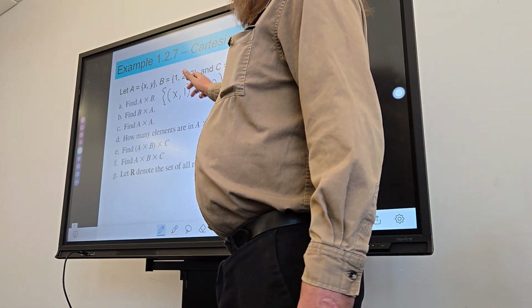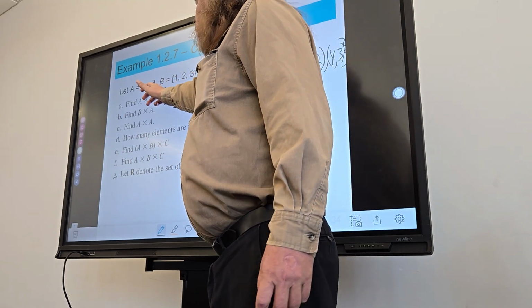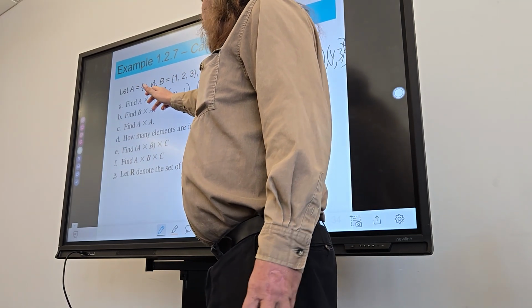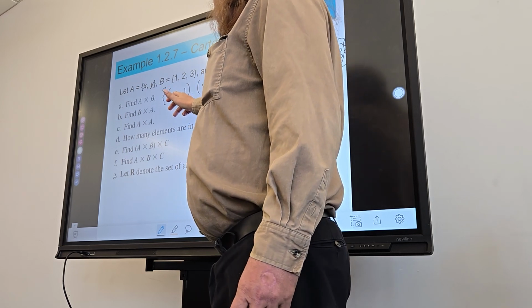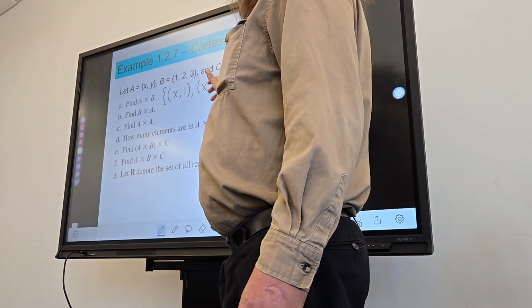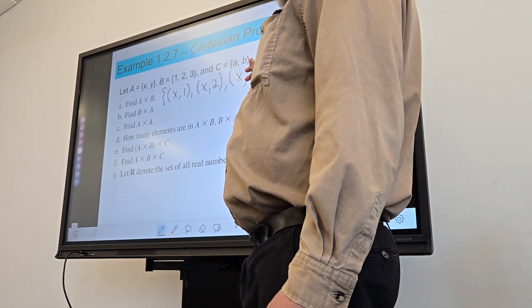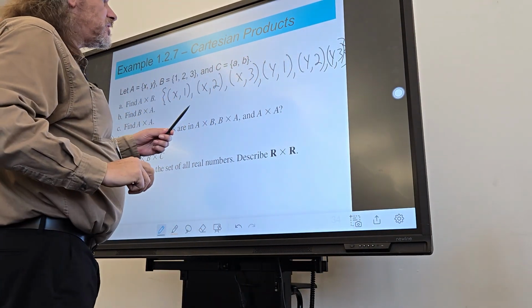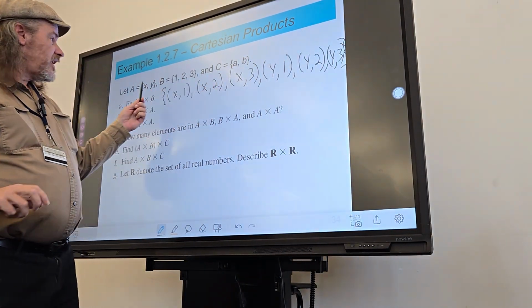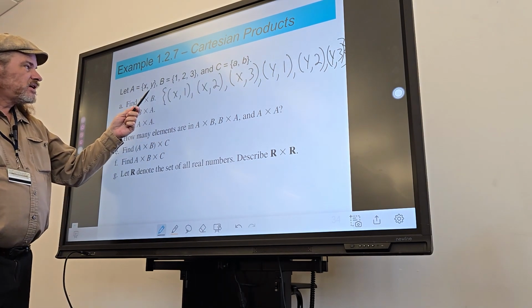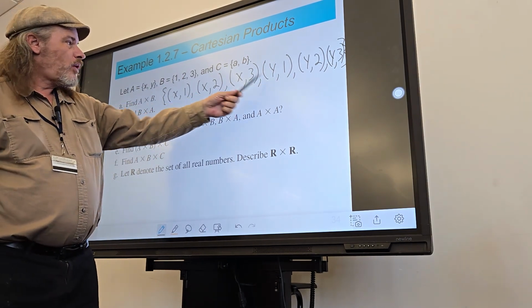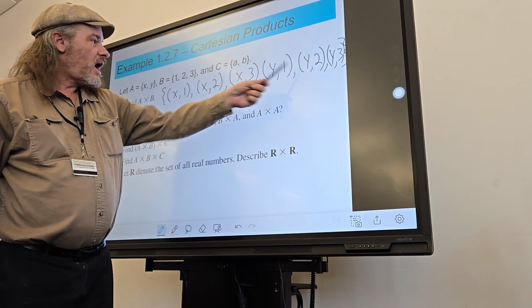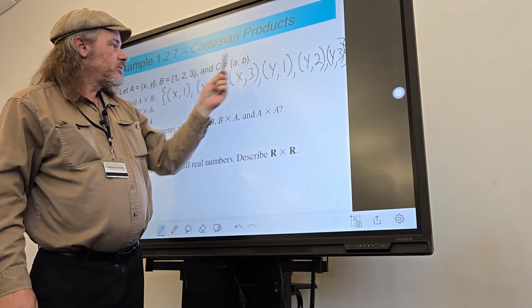There's 3 elements of B. So the first element of A, X, has the ordered pairs X1, X2, and X3. And the second element of A is Y, so we have Y1, Y2, and Y3.